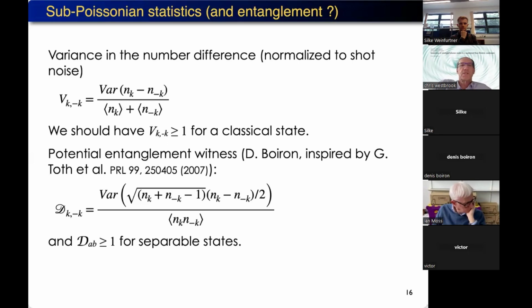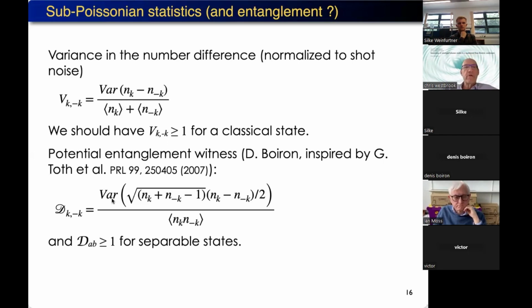But this discussion has inspired us to look a little further for other kinds of entanglement witnesses. And Denis Boiron, my colleague, inspired by work by Géza Tóth, has discovered that there is an entanglement witness that we can really use to claim that we have entanglement for these states.